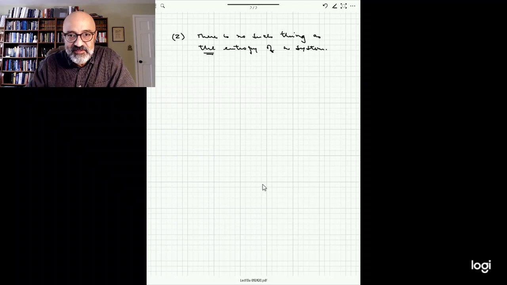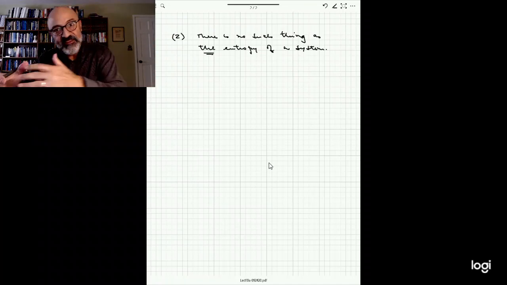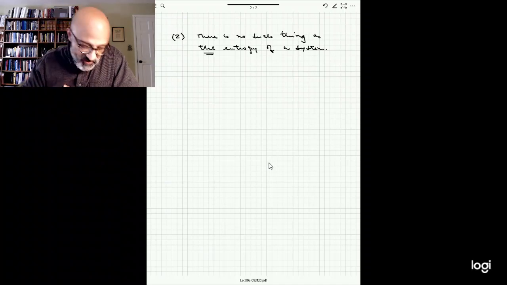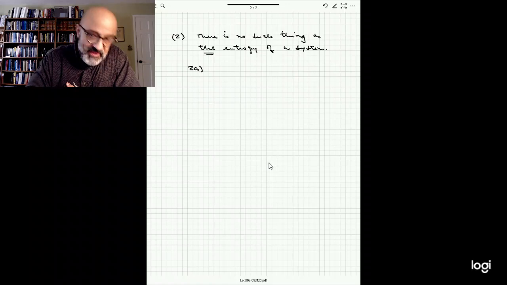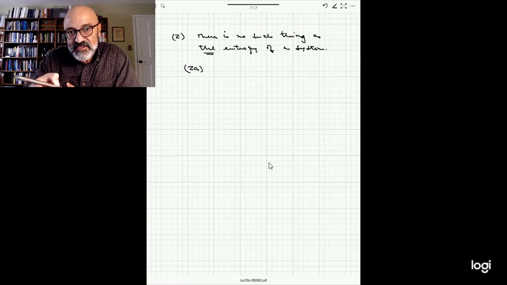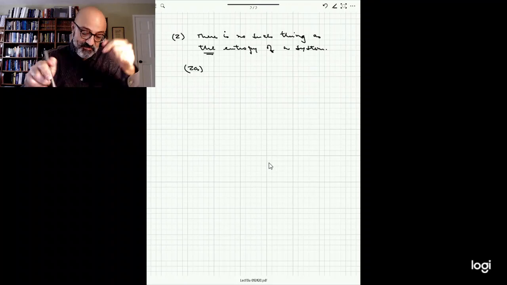Now, this is important because if you've taken courses on thermodynamics and statistical mechanics, we're always talking about the entropy of the system is this, the entropy of the system is that. There is no such thing. For one thing, let me give you the first argument. Two different agents with different amounts of information will assign different probabilities. Therefore, two different agents can assign different entropies to the same system.